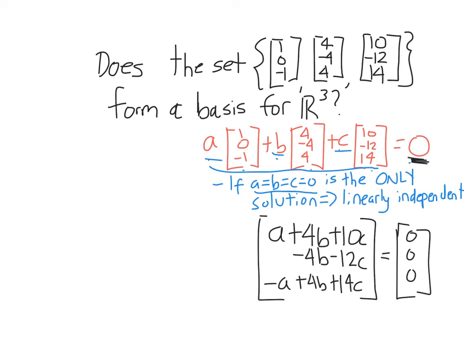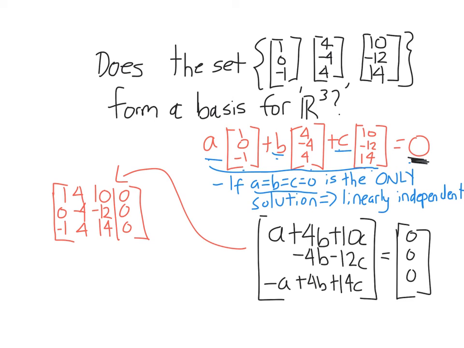This is just a set of simultaneous equations, 3 equations and 3 variables, a, b, and c. We know how to solve an equation like this. We set up our equation in an augmented matrix and use row reduction or Gaussian elimination. You can see this coefficient matrix is just all of these vectors put together.